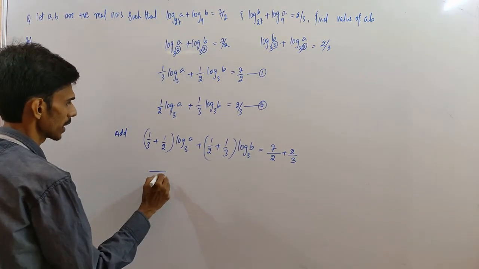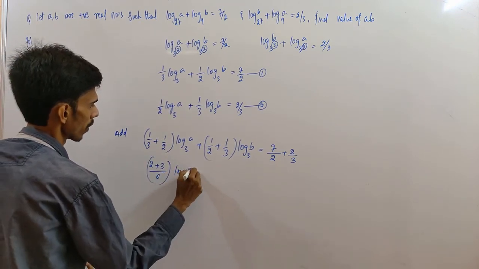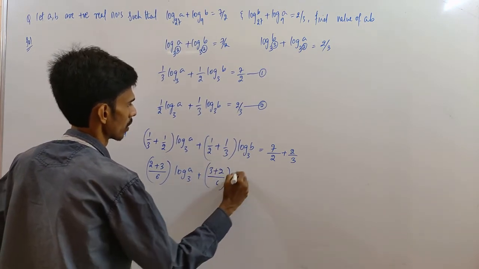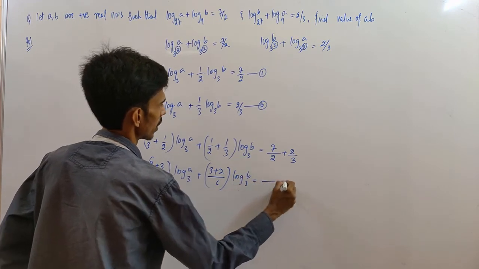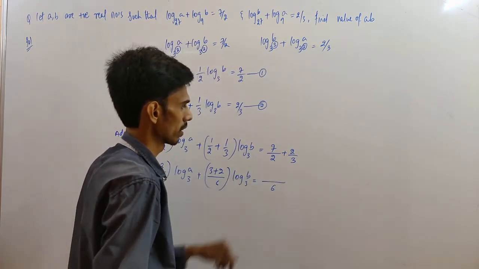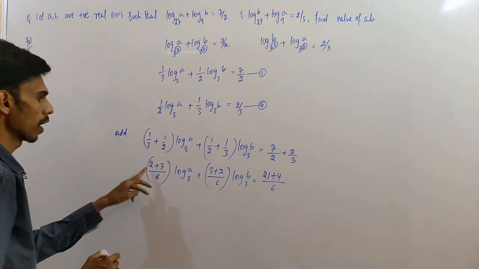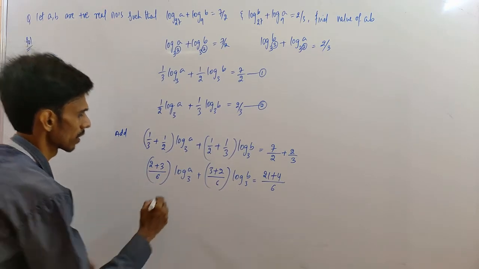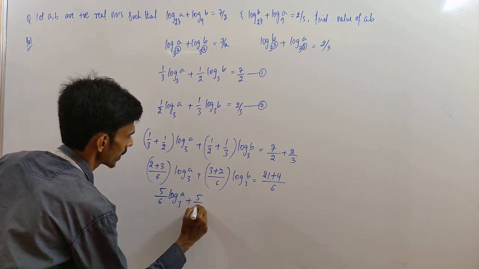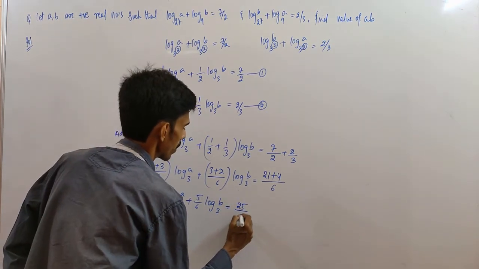Now take LCM, 6. 2 ones plus 3, that is 5 by 6 log A base 3. Similarly 3 plus 2 by 6, that is 5 by 6 log B base 3 is equal to, 7 threes are 21, plus 4, that is 25 divided by 6.